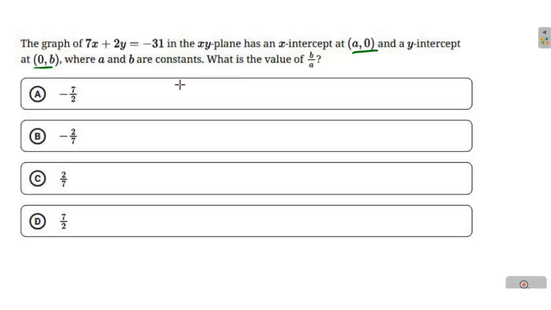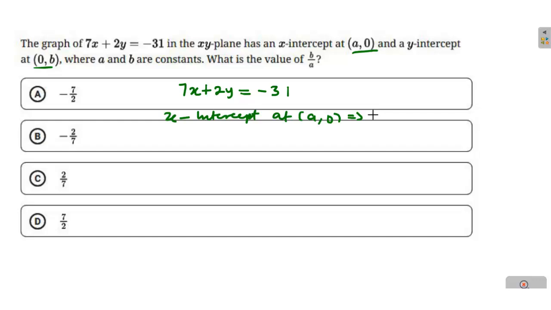So we're given the equation 7x + 2y, which is equal to -31. So we know that the x-intercept is the value of x when y is equal to 0, right? So for the x-intercept, that is at (a, 0).